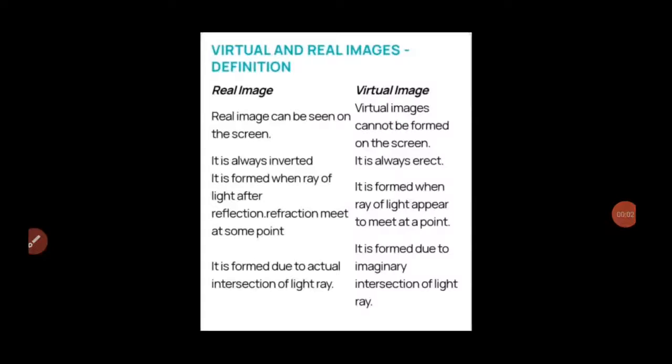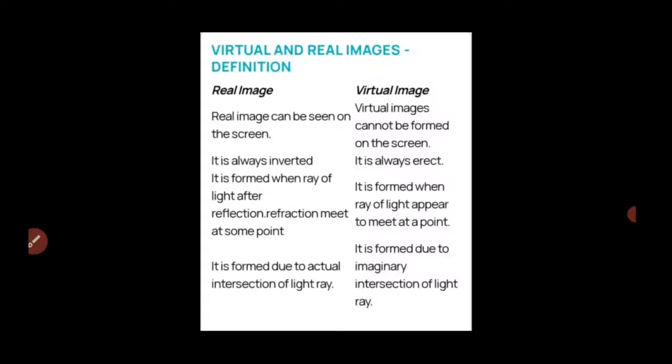Students, before that you must know the definition for virtual and real images. Virtual images cannot be formed on the screen, so we can't catch the virtual images on the screen. It is formed when rays of light appear to meet at a particular point, and it is always erect, meaning straight or direct. It is formed due to the imaginary intersection of light rays.